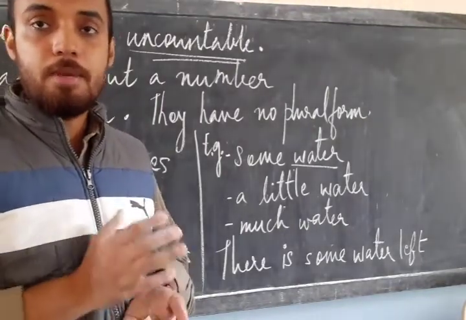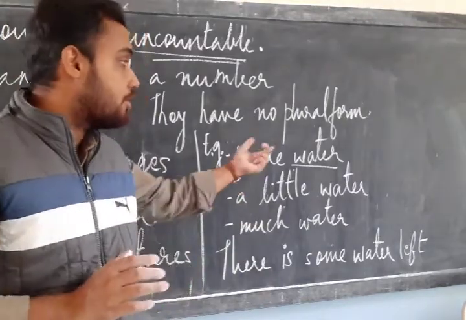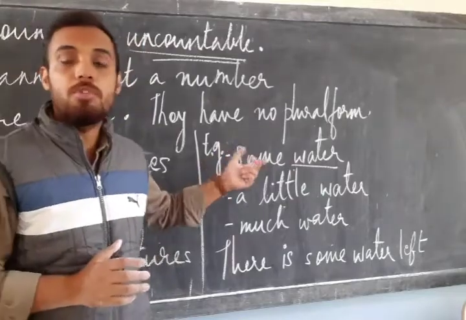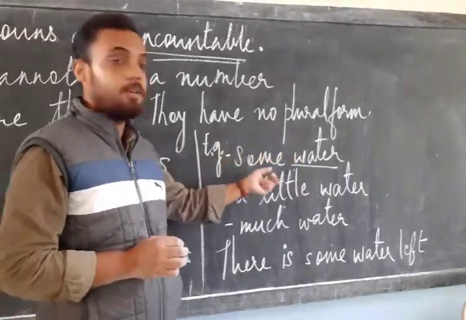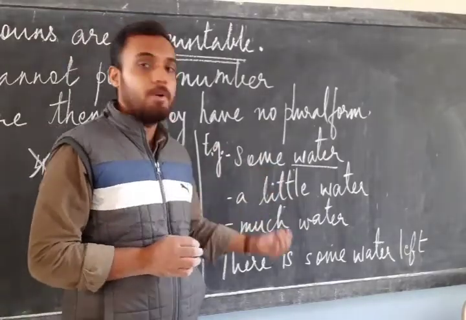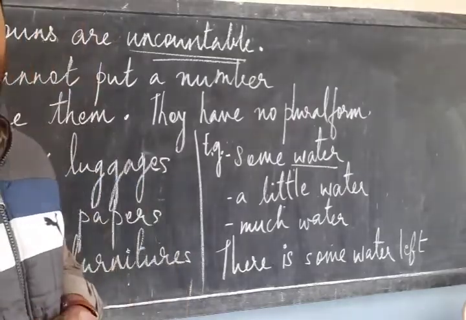That is the major difference between countable and uncountable nouns. We can't write 1 water, 2 water. Instead, we can write some water, a little water, much water.